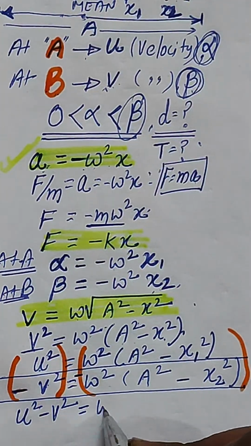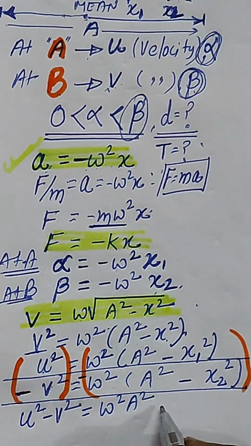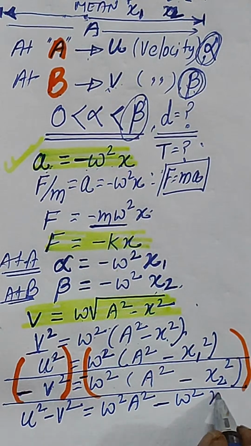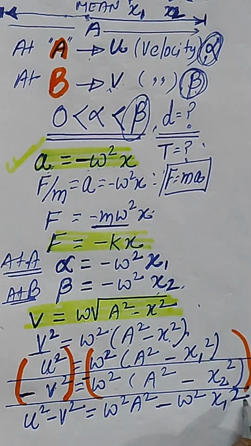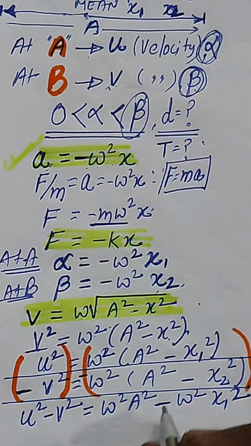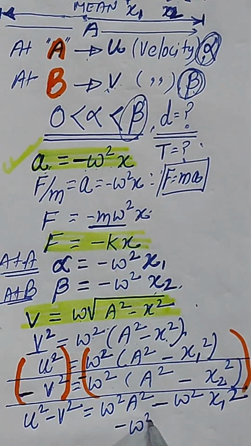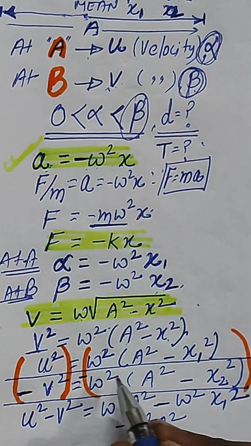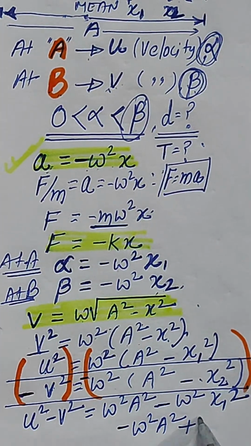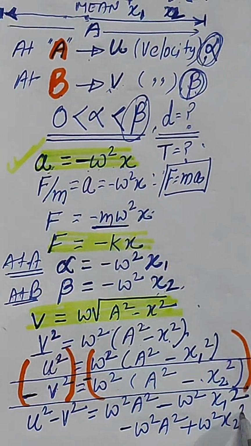This will give omega square a square minus omega square x1 square, minus omega square a square, plus omega square x2 square.